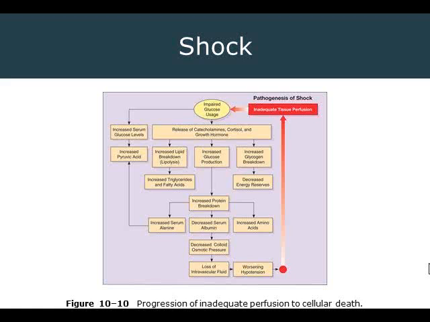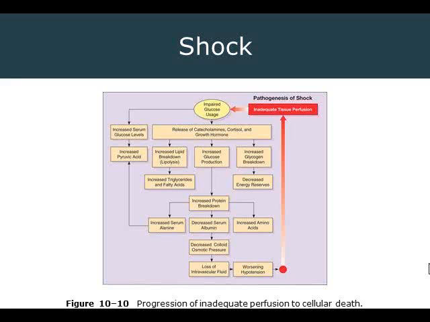Those are going to lead to an increased lipid breakdown, or lipolysis, in order to try to get some sugar into the system. Increased glucose production, and we'll talk about that in a moment, and increased glycogen breakdown, which is going to decrease our energy reserves. The increased lipid breakdown increases the triglycerides and the fatty acids that are floating freely within the body.